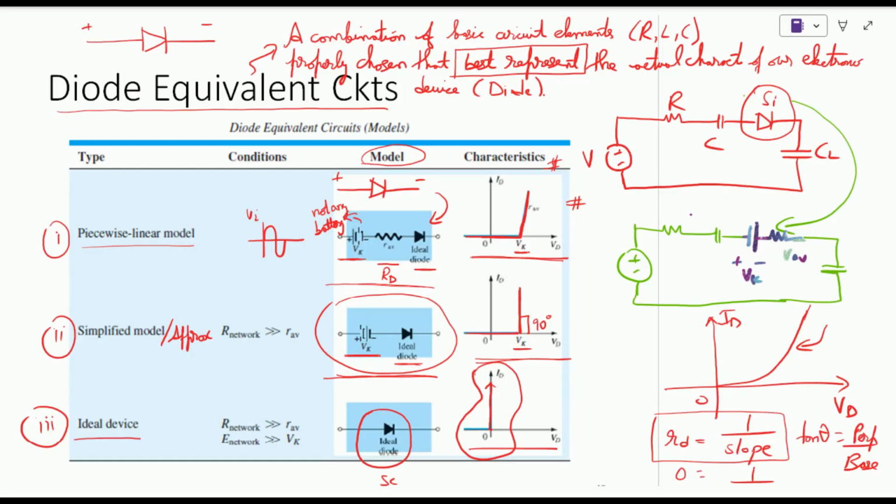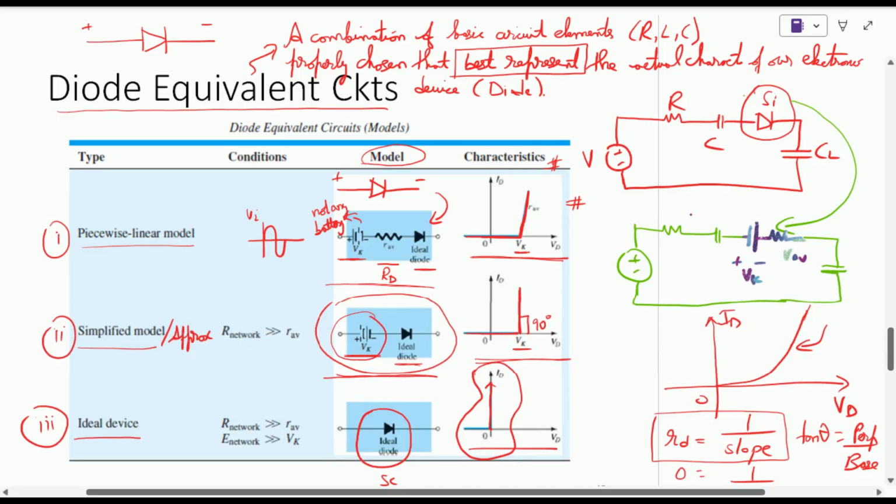And then we use the simplified model where we don't have the resistance, we just have the battery notation. It is not an external battery, it is just representing the forward bias condition or the knee voltage followed by an ideal diode, and its behavior will be a sudden increase in current after the system has reached the knee voltage value of Vk. And for the ideal model, we have already seen that at 0 voltage we are going to get some current from the system.